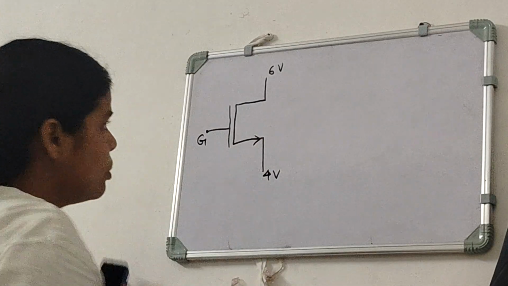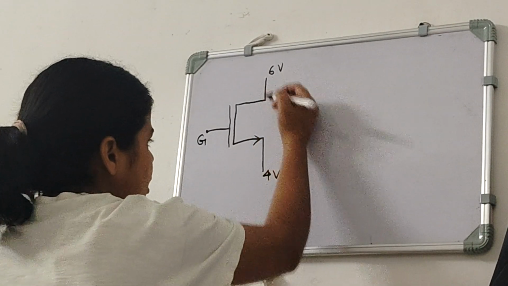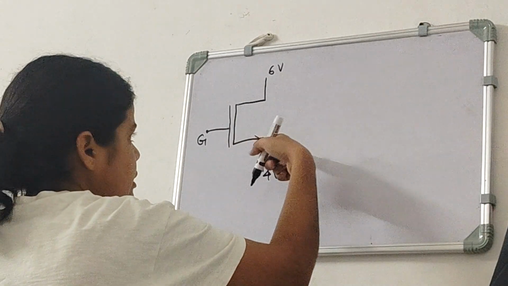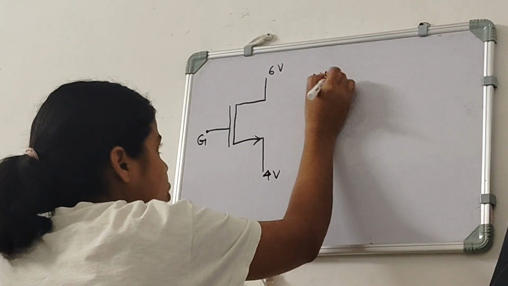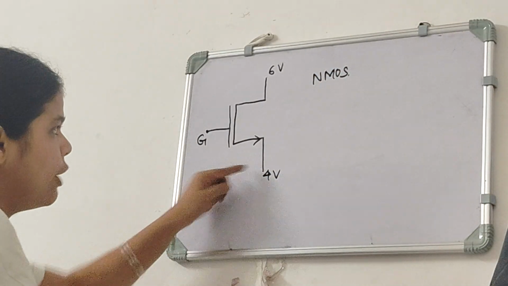Now if we have to say which is the drain terminal, which is the source terminal, and what is the direction of current in this, first of all we can see that it is an NMOS by the presence of this arrow.